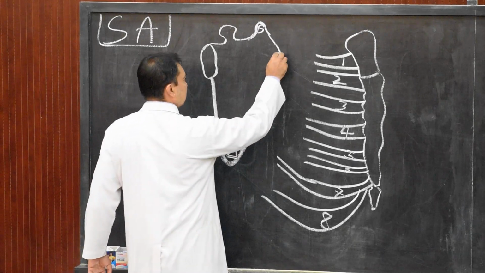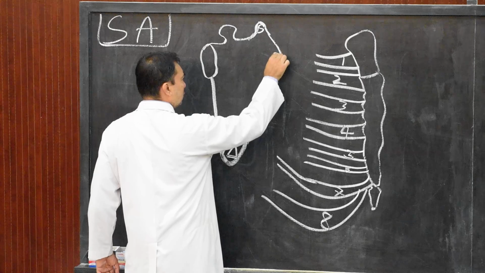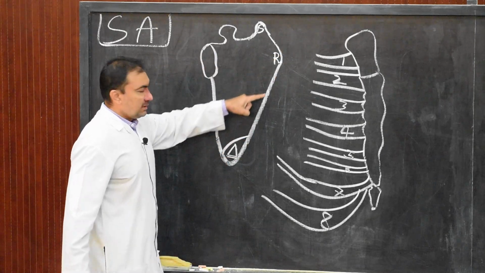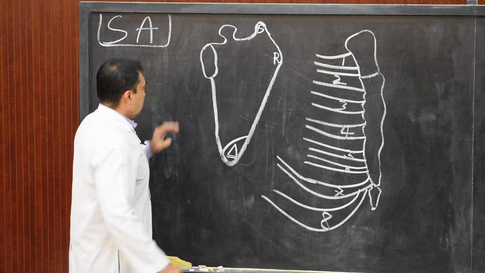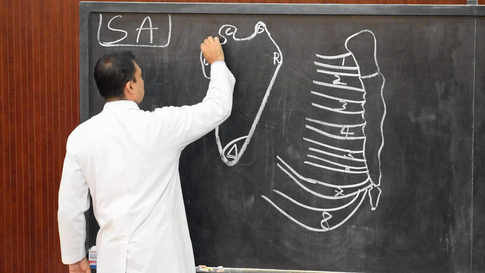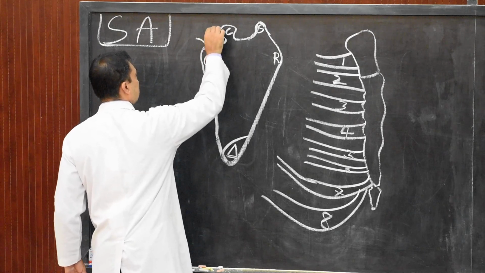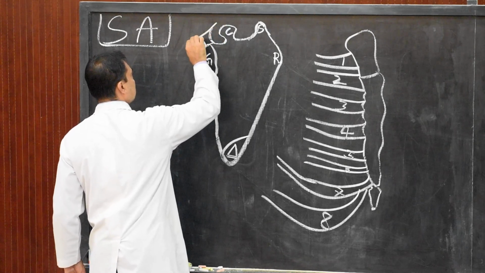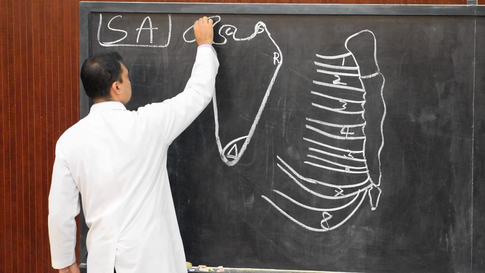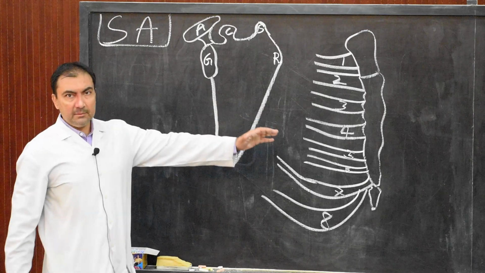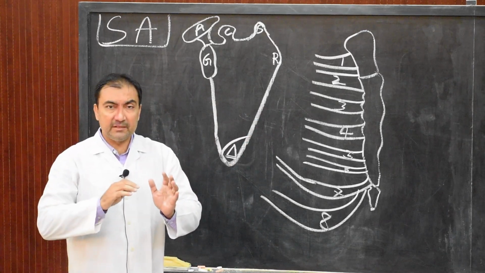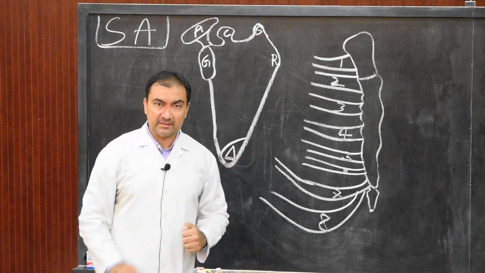Here, this is the root of the spine of the scapula, and this border is the medial border of the scapula. And this is the glenoid cavity, coracoid process. Over here, we shall represent the acromion process. So a very rough diagram, but we need to draw these landmarks in order to show the origin and insertion of serratus anterior.